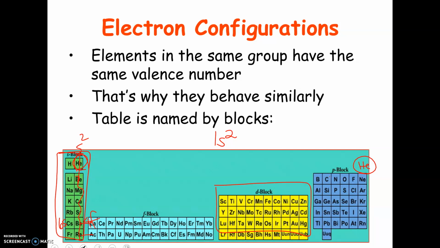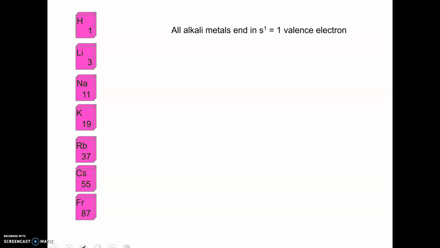Because there's only one s on that first level. So in 1s2, that's a full outer shell. Starting with level 2, in order to have a full outer shell, you have to have s and p full. So everything else besides helium, these all have 8 valence electrons to have a full outer shell. Helium only has 2.